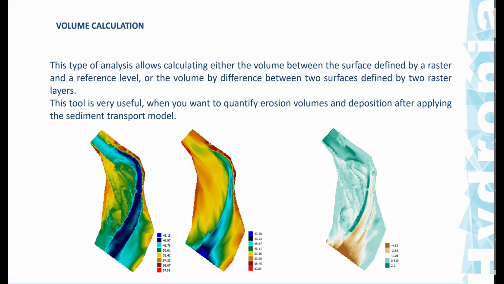The difference between these two surfaces will give you the surface like it is here on the right, where you have areas of erosion, with the minus values here, or net deposition. It's very useful to understand which are the more critical areas in this type of analysis. But you can use it not only for sediment transport and erosion deposition areas, but also for other purposes as well.